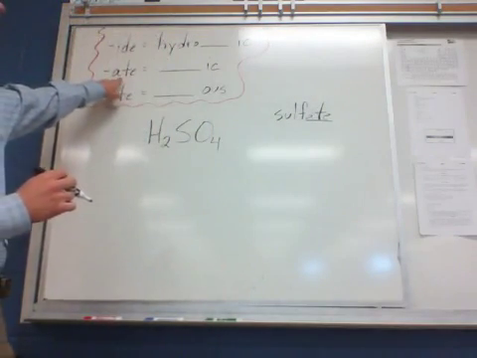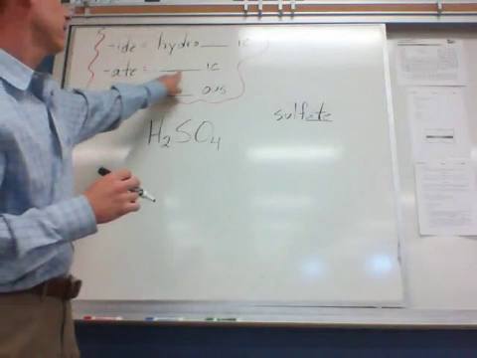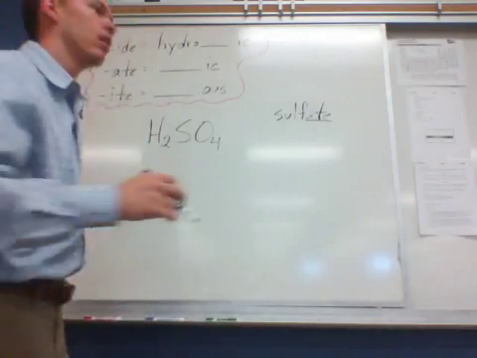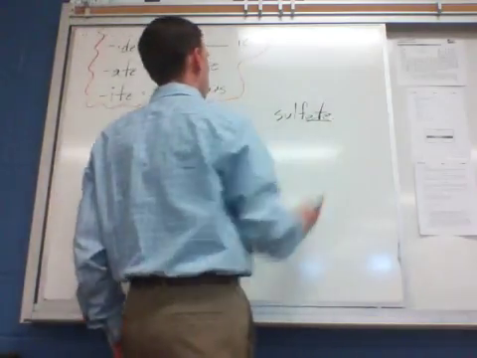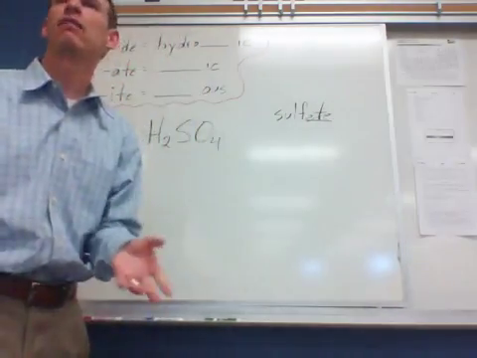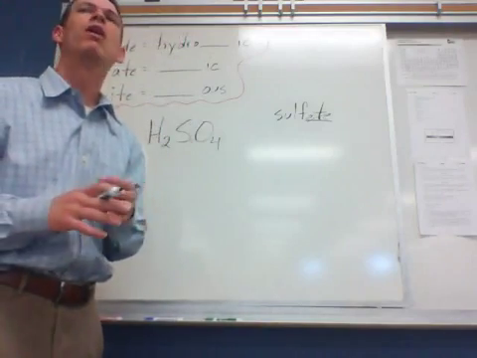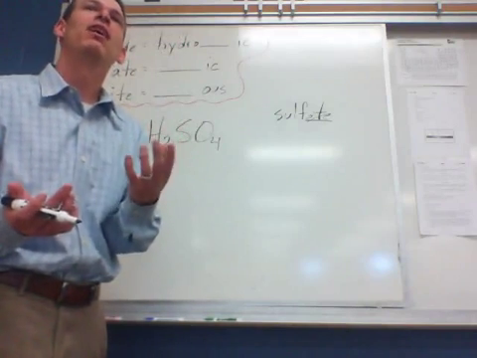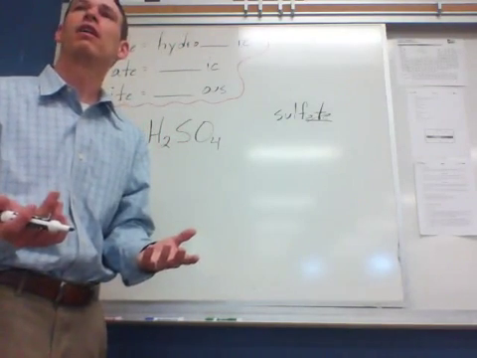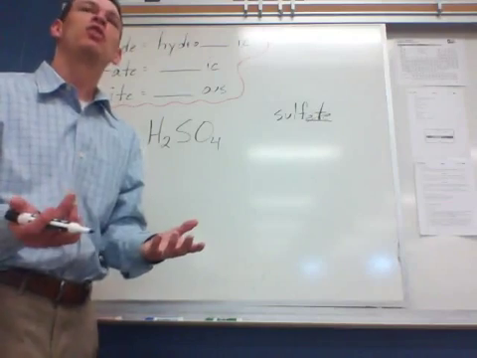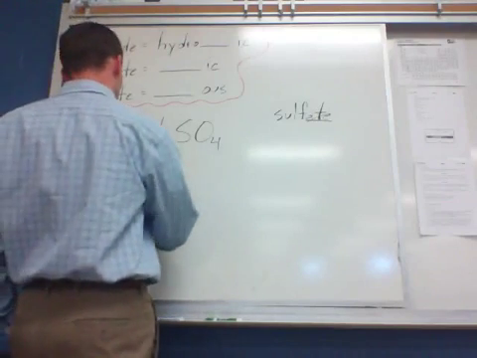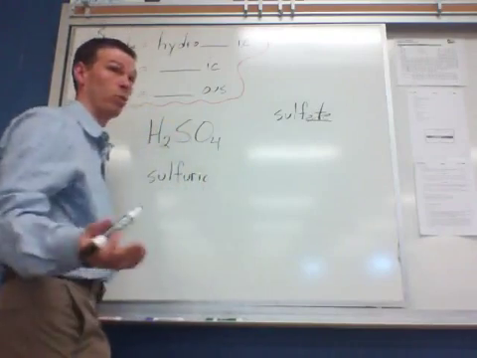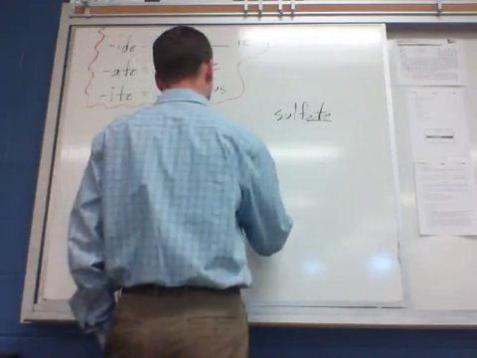It says that I want to put everything that's not ate into that blank, making it, a lot of y'all would say sulfic, and that's fine. If you put sulfic, I won't count it wrong. But just because of English stuff, this isn't chemistry, this is just English, we don't call it sulfic. We call it, anybody? Sulfuric. But if you put sulfic, at least I can see that you're doing the rules right. It's sulfuric acid.